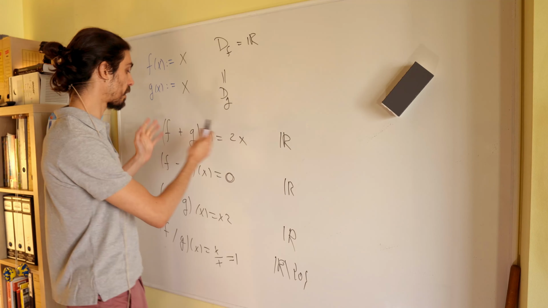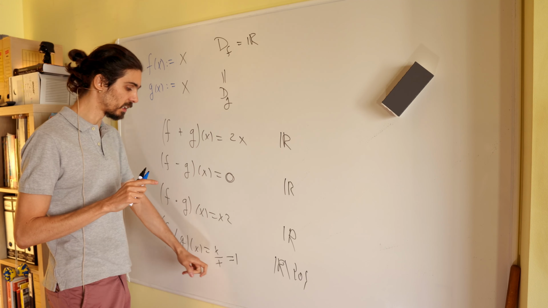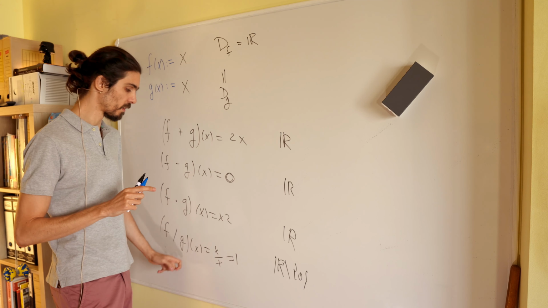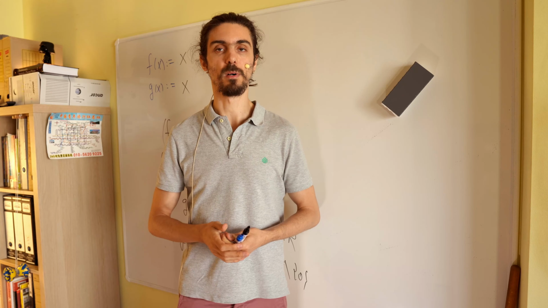Depending upon the operation, for this one you need to use the intersection, but for this specifically it is more than the intersection. You also need to remove the x's that make the denominator 0. Okay, so these are all the examples. Now let's move on.